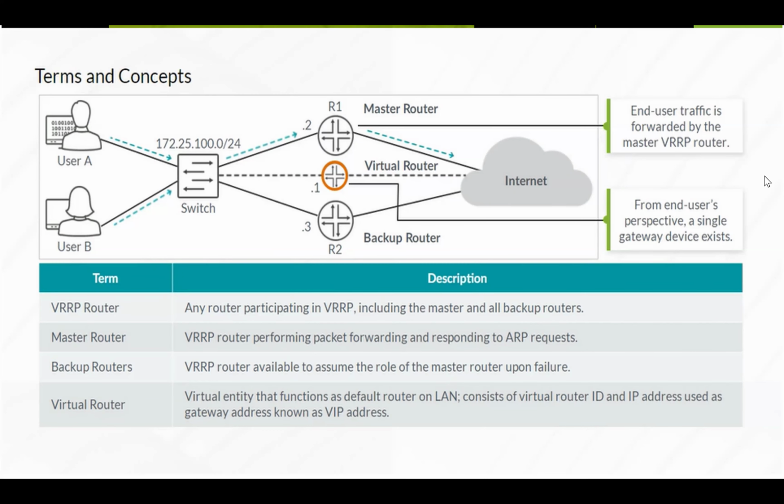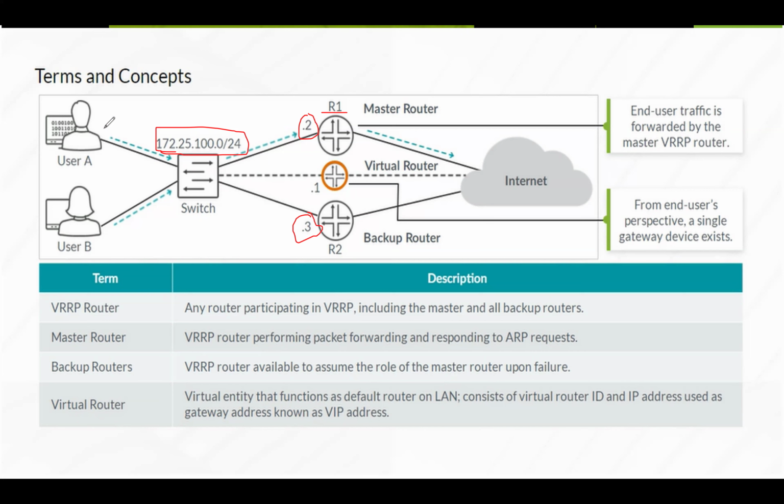See here, there is one subnet, just for example. User A and B are connected with this subnet. Router 1 gateway IP is .2 and router 2 gateway IP is .3. That means the IP is 172.25.100.3 and router 1 IP is 100.1.